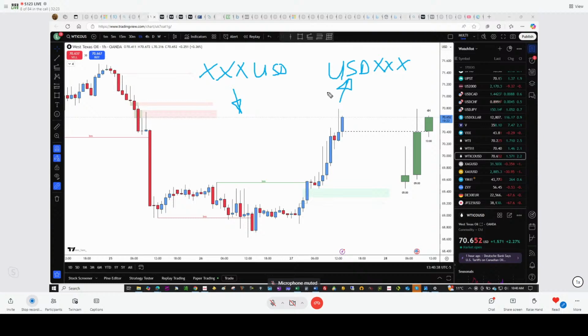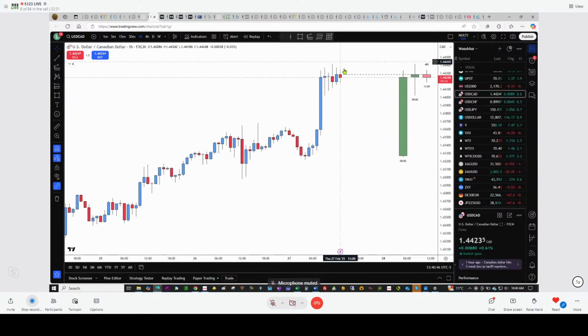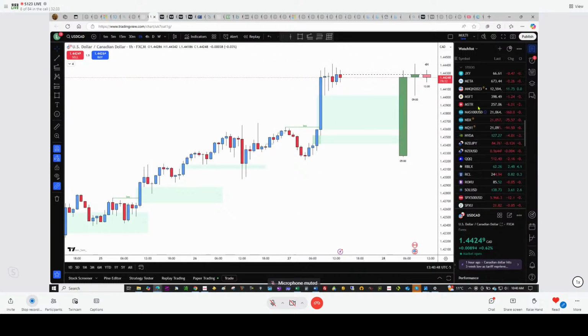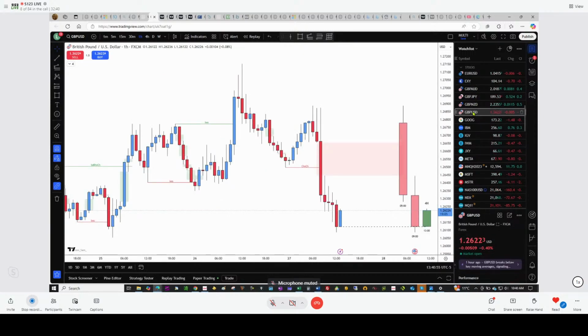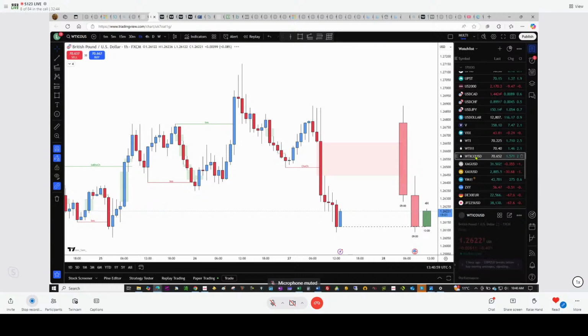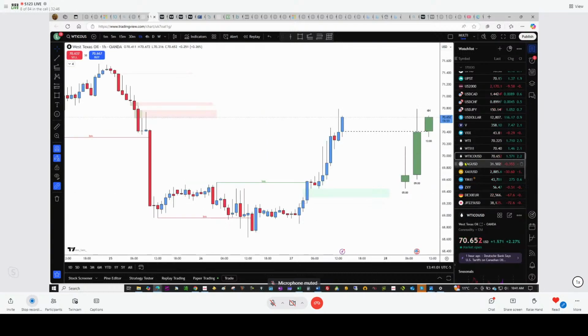So if we look at Euro US dollar, for example, or GBP US dollar right now, or if we look at USD CAD, it will be strong. And if we look at GBP US dollar, Euro US dollar will be weak. Yeah, I understand that. But the oil. Yeah, so oil would be the same.